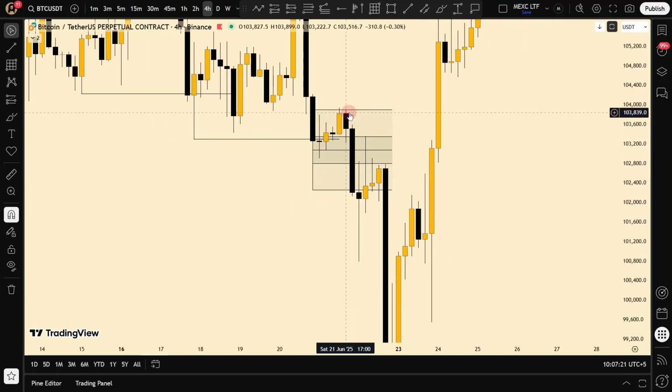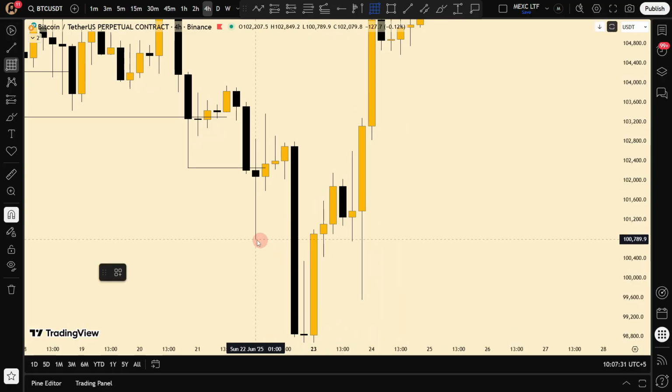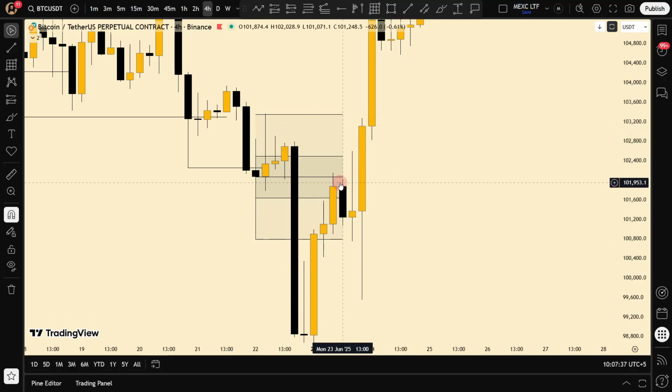From this low to this high, price comes back up, taps the region, and drops. And it happens again from this to that. Price taps 50%, drops. It drops first because you can see this, right?